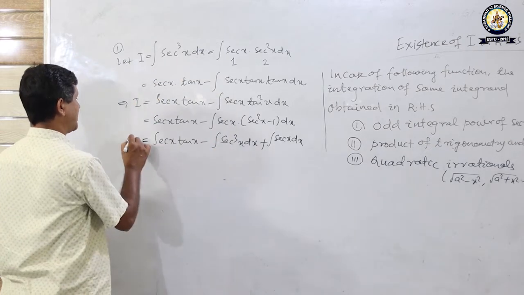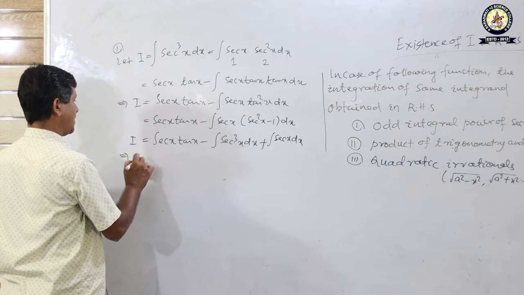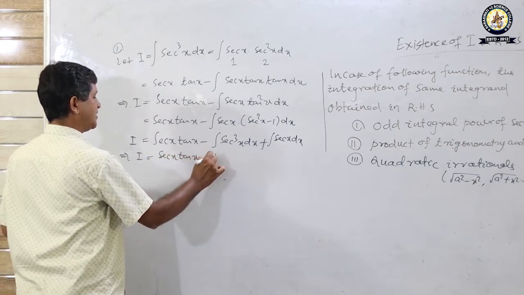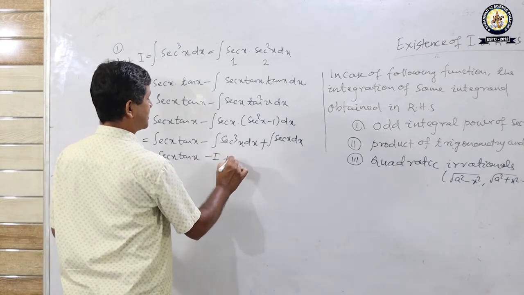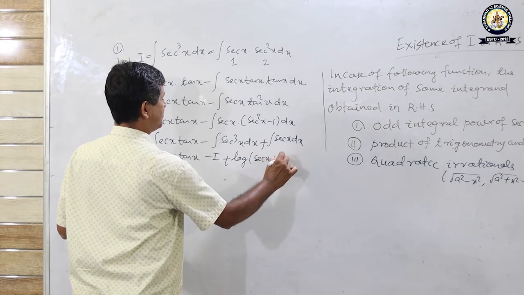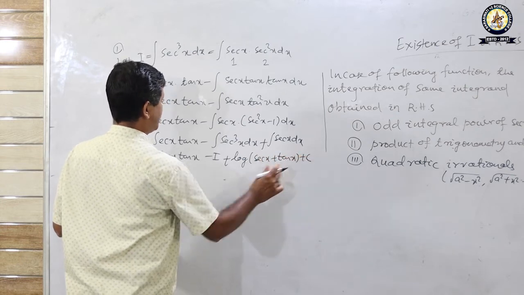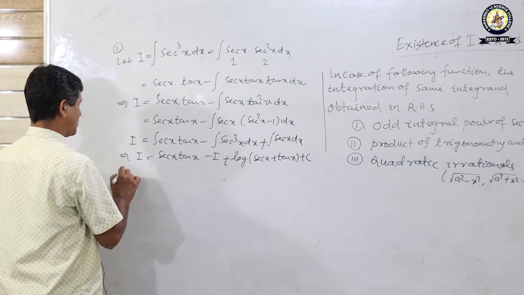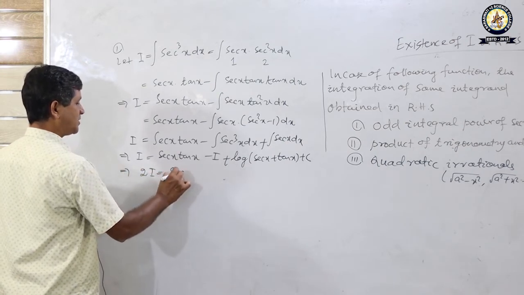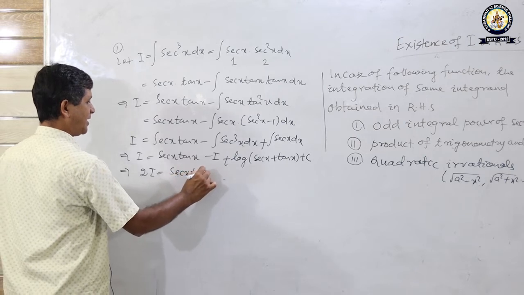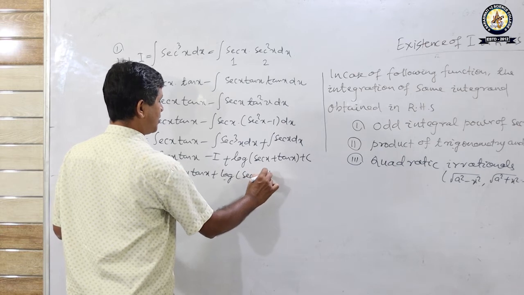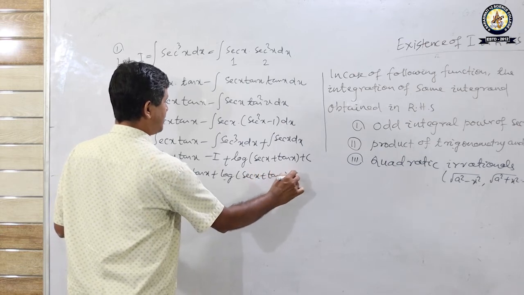So this will be taken as I, implies I equals sec x tan x minus I plus the integration of sec x, which is log of sec x plus tan x, plus c. This I will come to the left side and it will be 2I. 2I is equal to sec x tan x plus log of sec x plus tan x plus c.